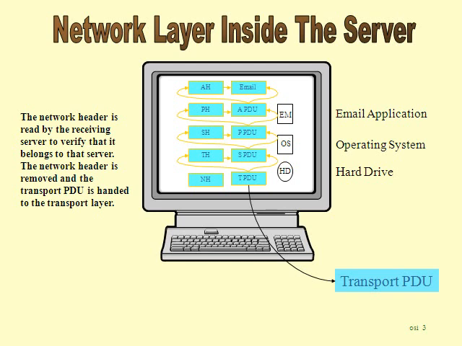Remember, what will happen is inside the client, all of the previous layers of data will be put inside a new header. The new header is called a protocol data unit, and you'll add a network header, and in this case it's IP. Notice that the transport PDU, protocol data unit, is what you add the network layer header to.